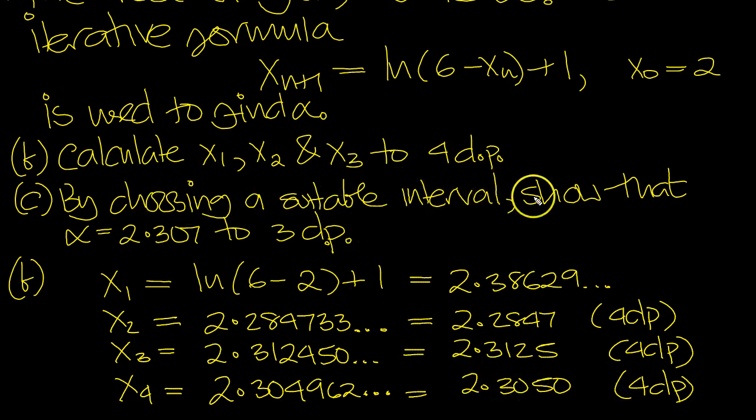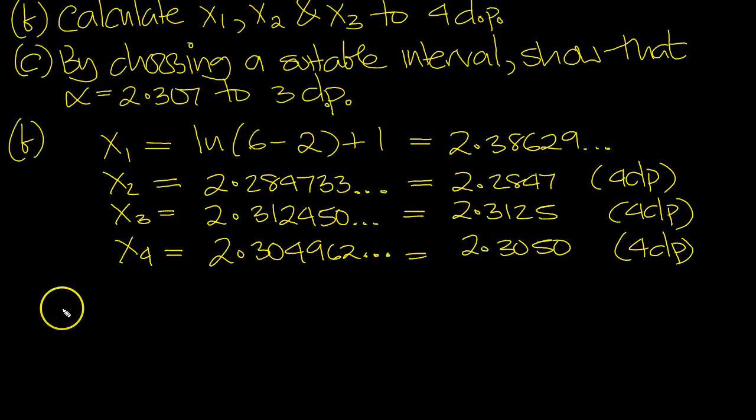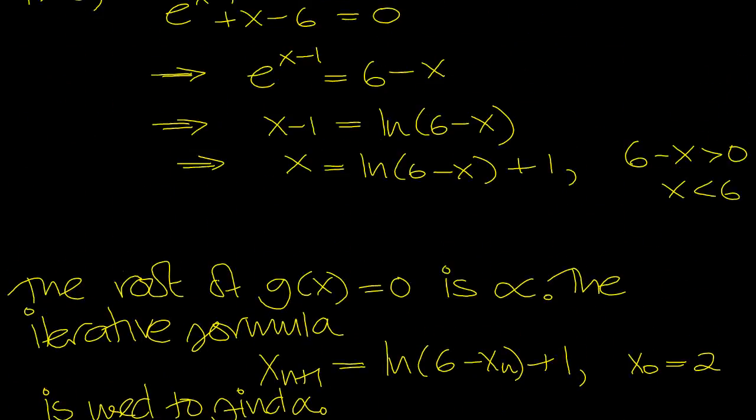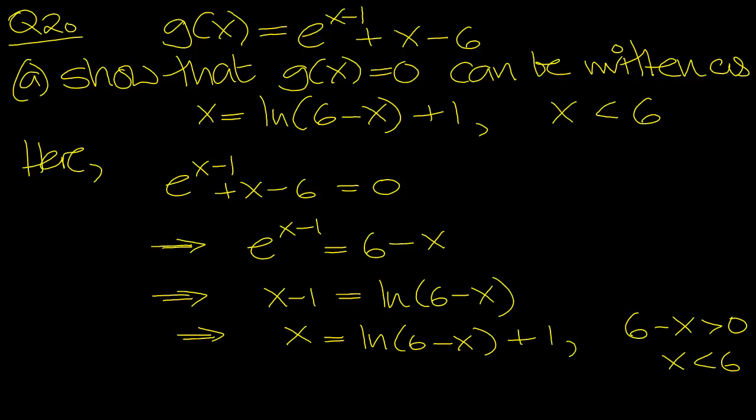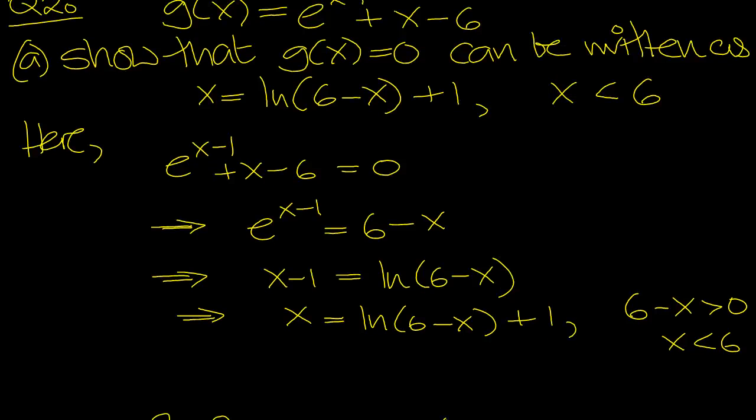By choosing a suitable interval, show that alpha is 2.307 to 3 dp. So let's have a look at this then. So g of x is equal to, let's just write down what g of x is first of all. It's e to the x minus 1 plus x minus 6. But we're doing this iterative formula, aren't we?